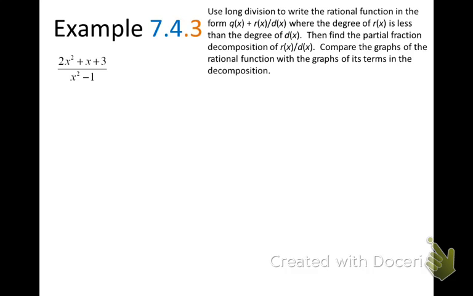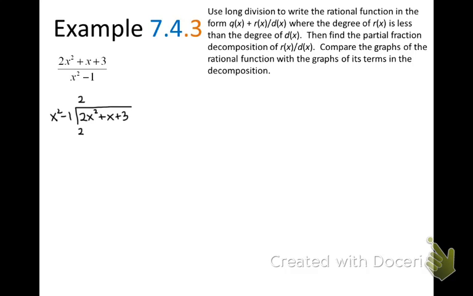If I do long division on this, I get x squared minus 1, long divided by 2x squared plus x plus 3. So in order to get 2x squared, I'd have to multiply this guy by 2.